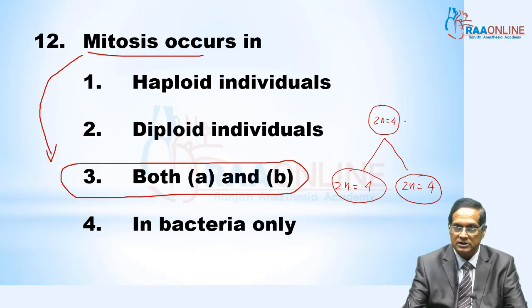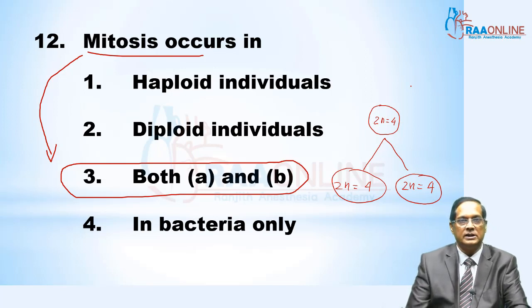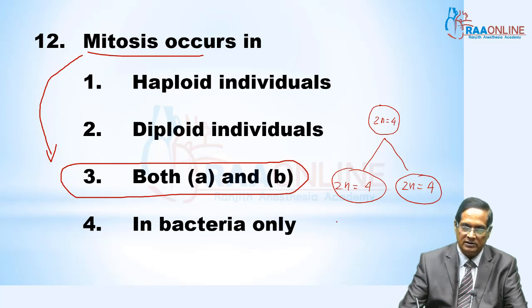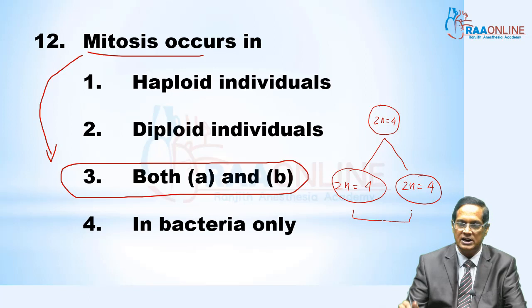So in mitosis, there is one division of the cell and a duplication of DNA only once. A total of 2 daughter cells are obtained, and these two daughter cells are very similar among themselves and to the parent cell also.